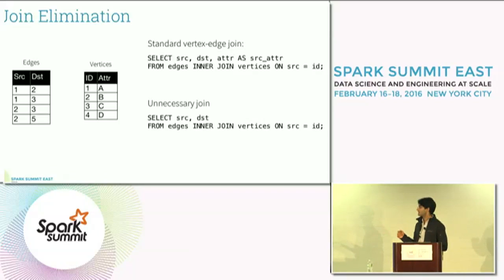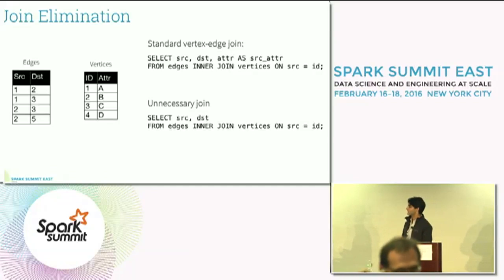On the other hand, if we change the projection there, so if we select out only the source and destination and not the vertex attribute, then it turns out that this join, under a certain condition, can be eliminated and replaced with the edges. That seems obvious: we've joined the edges and vertices, and we're only getting back columns from the edge table, so why can't we just drop the vertices?